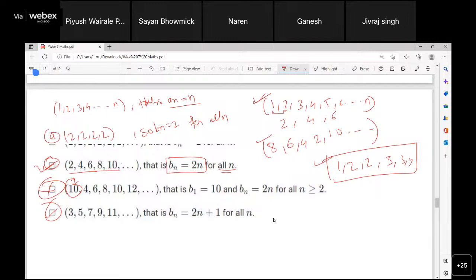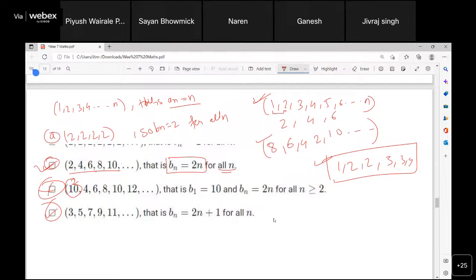Sir, I have one doubt. From the first sequence 1, 2, 3, 4 and so on, the first option has a lot of twos. If 2 is present one time, can it be present multiple times in the subsequence?